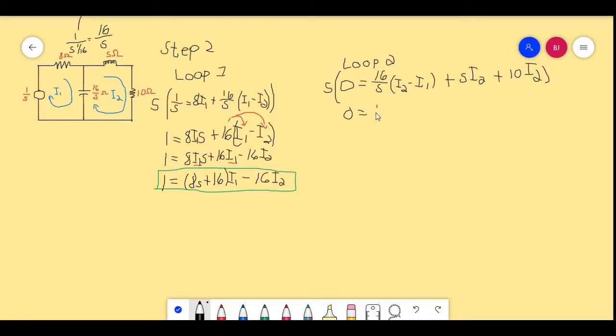S would get cancelled out here, so we have 16 multiplied by I2 minus I1. S times S I2 would be S squared I2. And finally, we have S times 10, so that would be 10S I2.